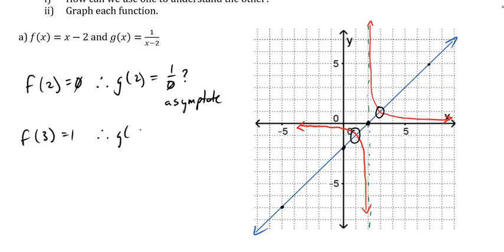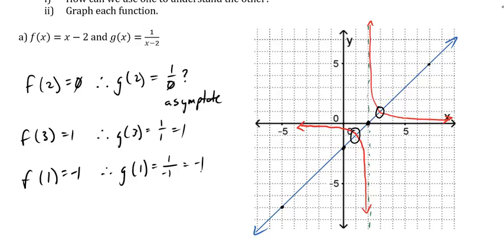Therefore, g at 3 equals 1 over 1, which is 1. F at 1 equals negative 1. Therefore, g at 1 equals 1 over negative 1, which is still negative 1. How can we use one of these graphs to understand the other?